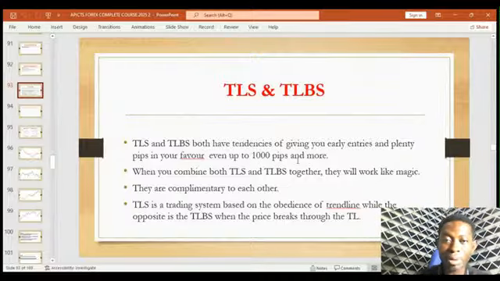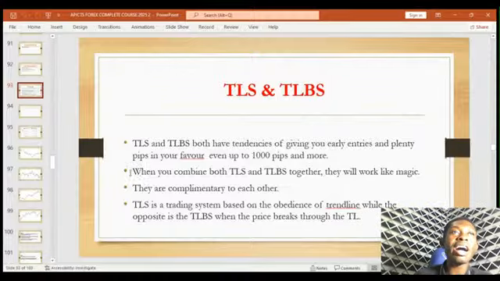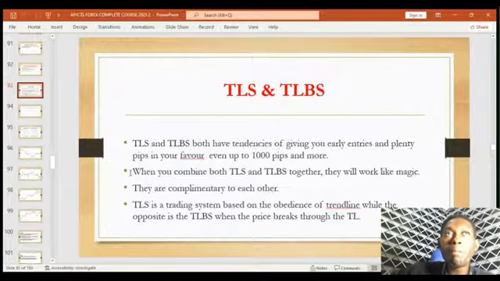When you combine both, they work like magic. In fact, I've used these strategies combined with support resistance to make a higher percentage of my profit from the market.